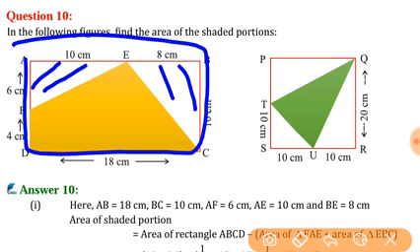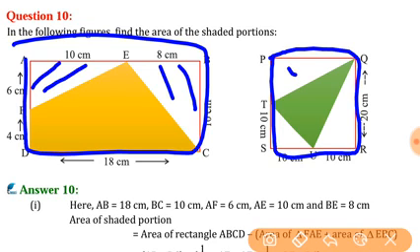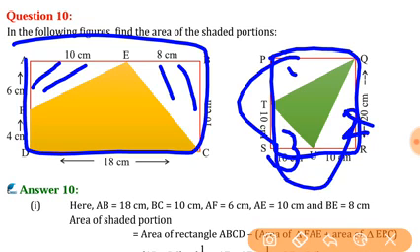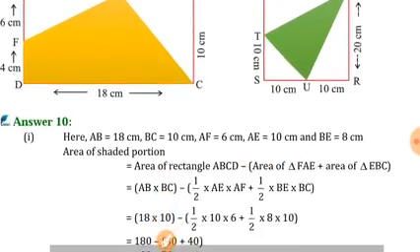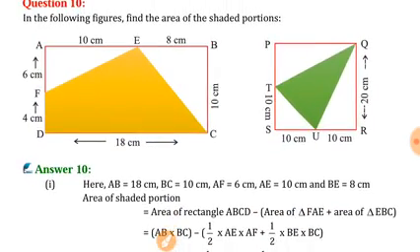Here in the first, there are triangle 1 area, triangle 2 area, triangle 3 area. Adding these three and subtracting from the whole, you will get this one. Here also, add the areas of these two triangles and subtract from the whole. So the first question's diagram is clearly given.